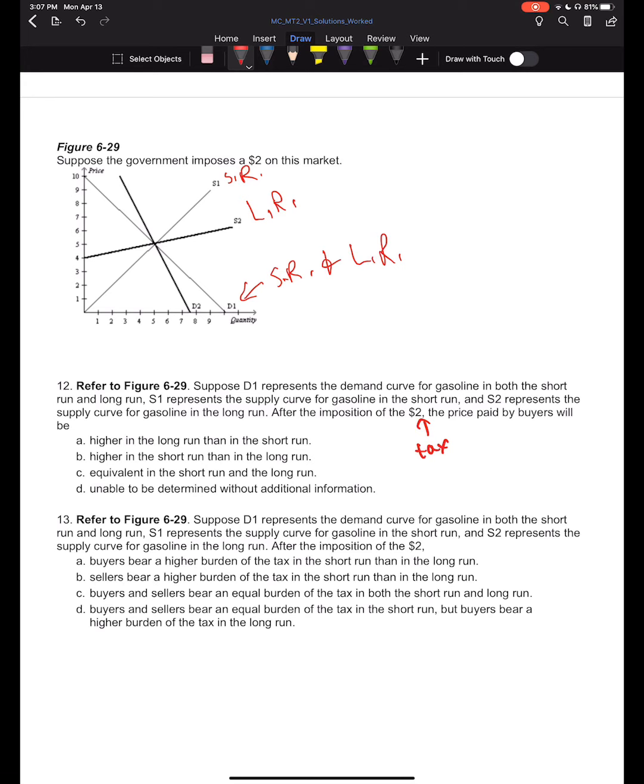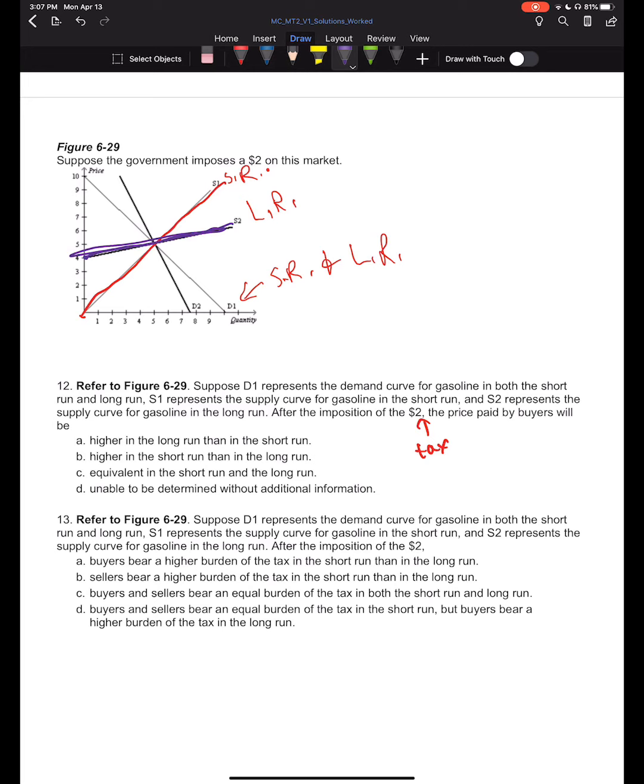Well, what do we know here? We know that the short run supply curve is more inelastic than the long run supply curve, which is more elastic. Whichever curve is more inelastic bears more of the tax burden.